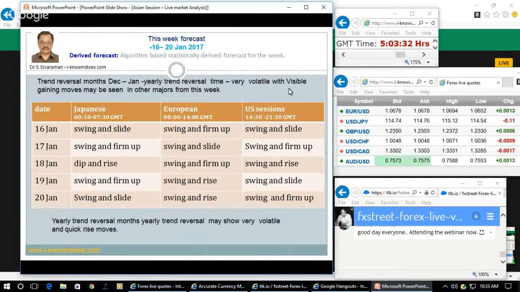As a result, they try to offload the positions by October, November, and then bring in volatile moves, create uncertainty for the traders, and induce them to liquidate the long positions. And then they create all the hype stating that the other majors could go to an extreme level, or US dollar is going to be the king forever. That sort of feel they create in the market and induce the market sentiment.